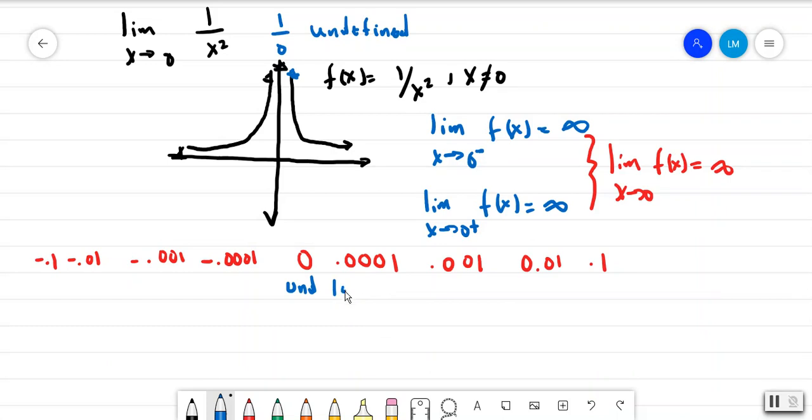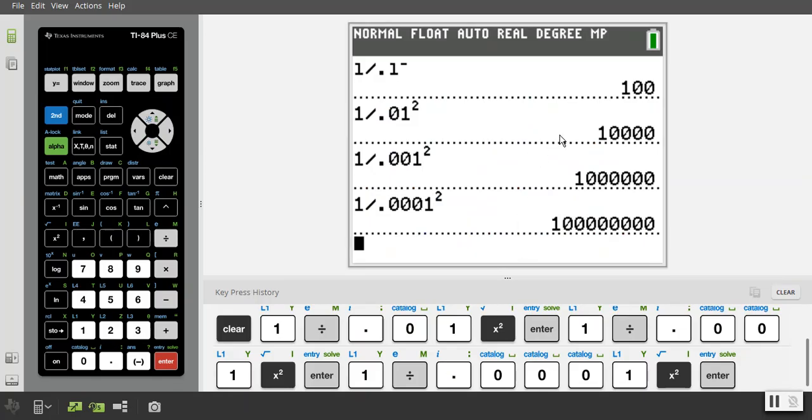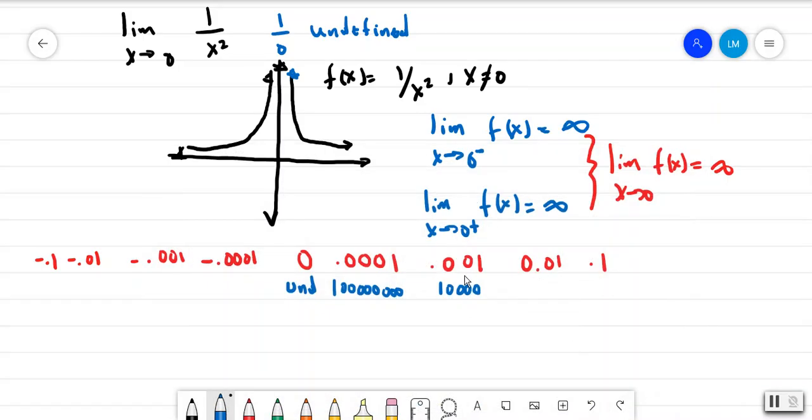This is going to be 100 million, and this is going to be 10,000. Let me fix these, since there are more zeros in some of them.